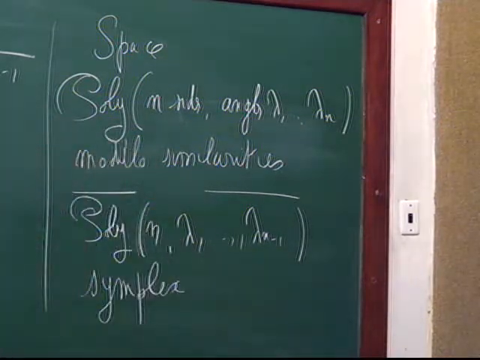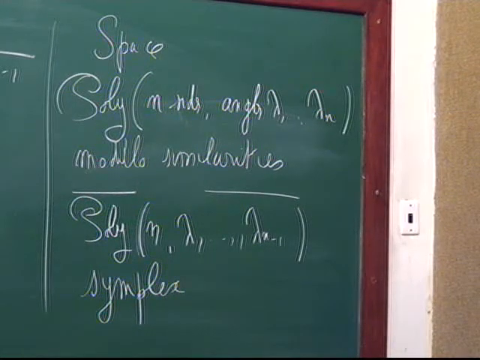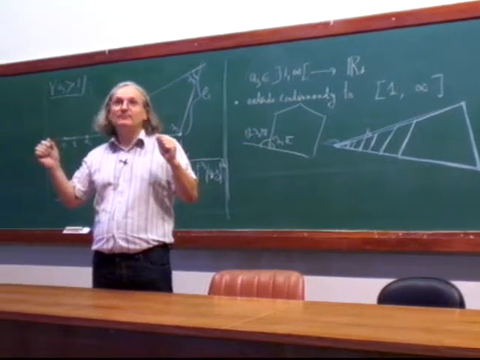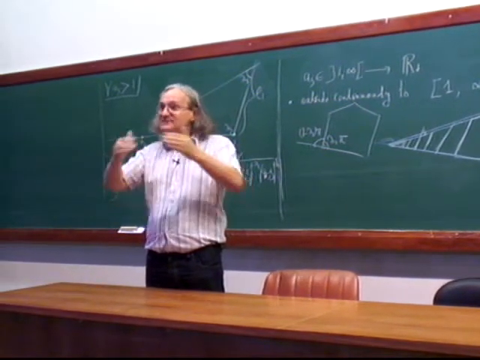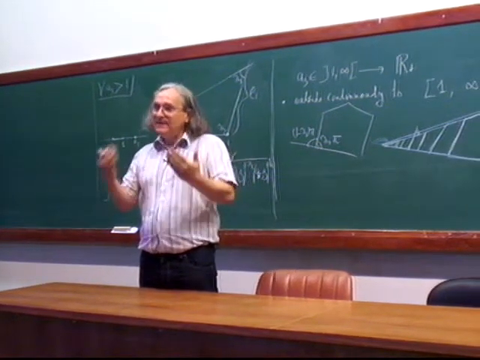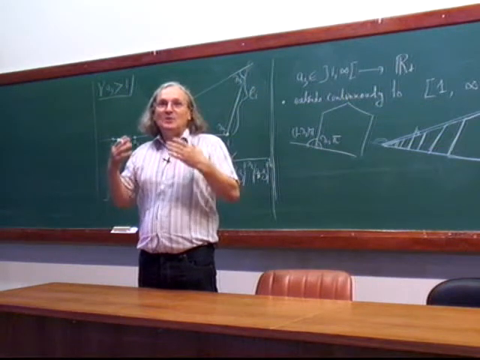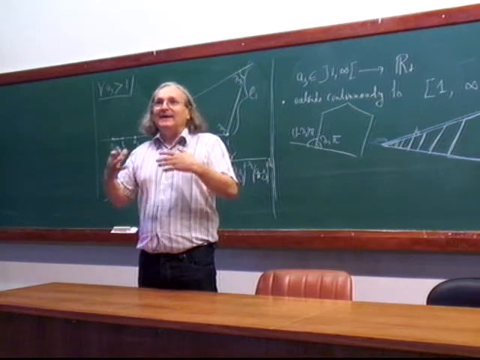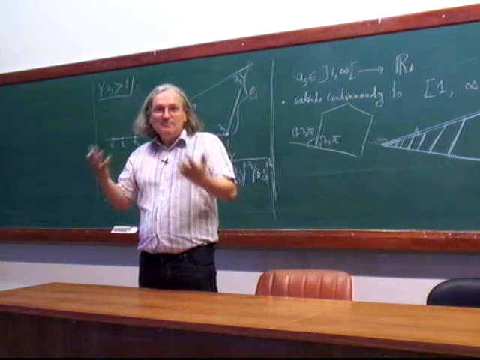Because if you want to describe a polygon up to similarity, you have to give the lengths of the sides up to multiplication, since you know the angles. So really, you have a simplex. So the space of polygons with given angles is also a simplex.